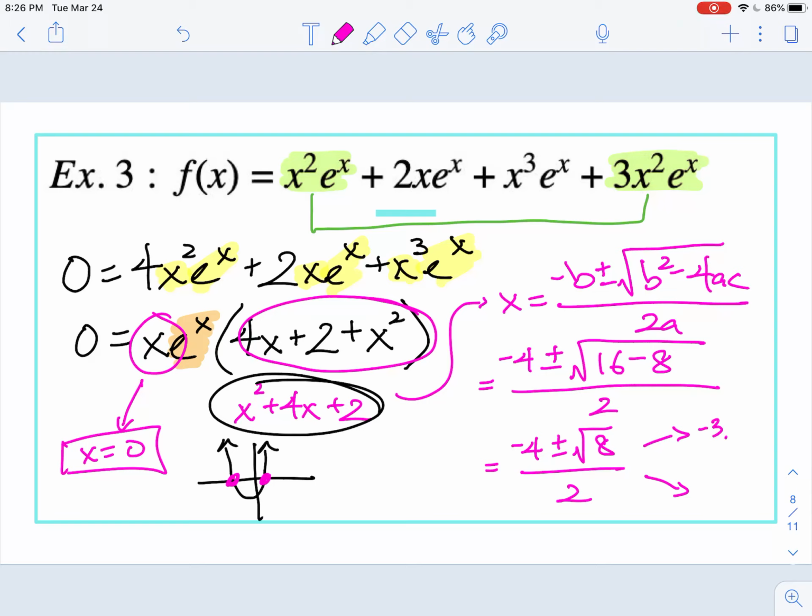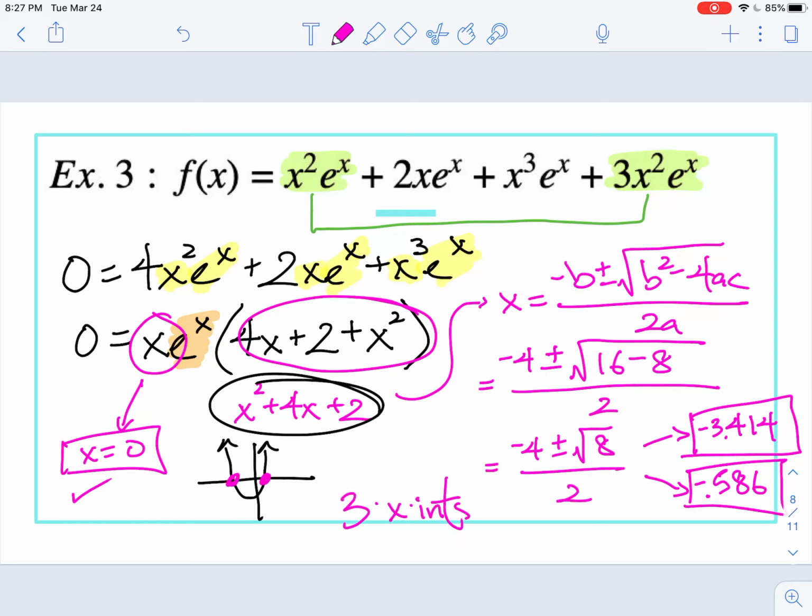We should get negative 3.414. And if we do negative 4 plus the square root of 8, and then we divide by 2, we should get negative 0.586. So this long question has 1, 2, 3 x-intercepts, or sometimes we call them zeros.